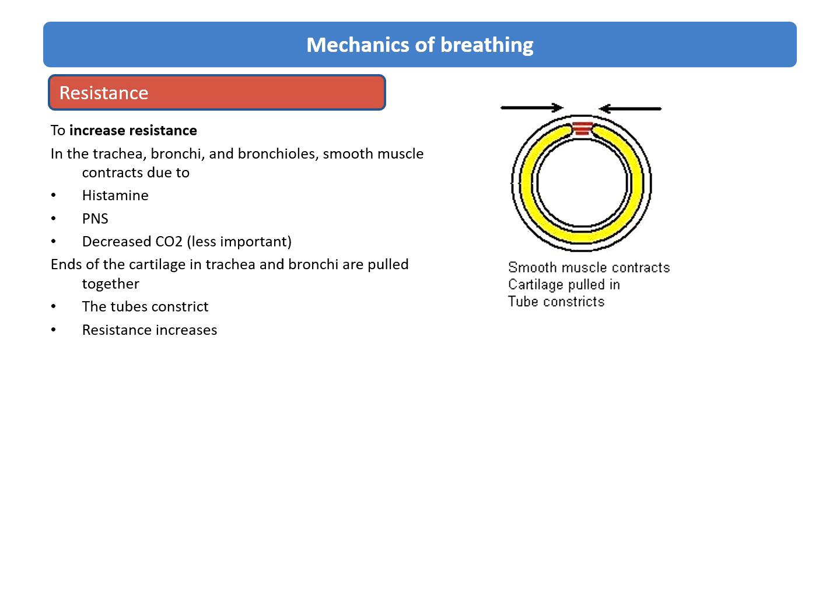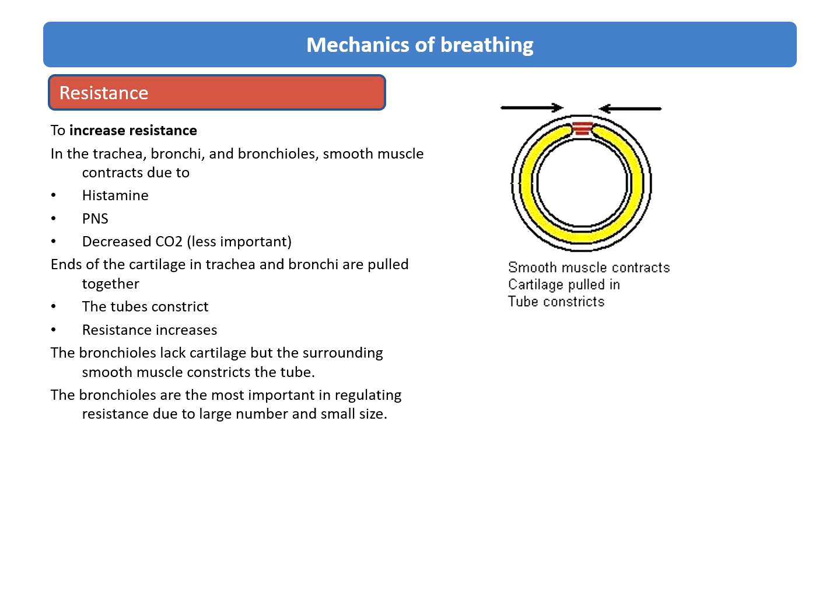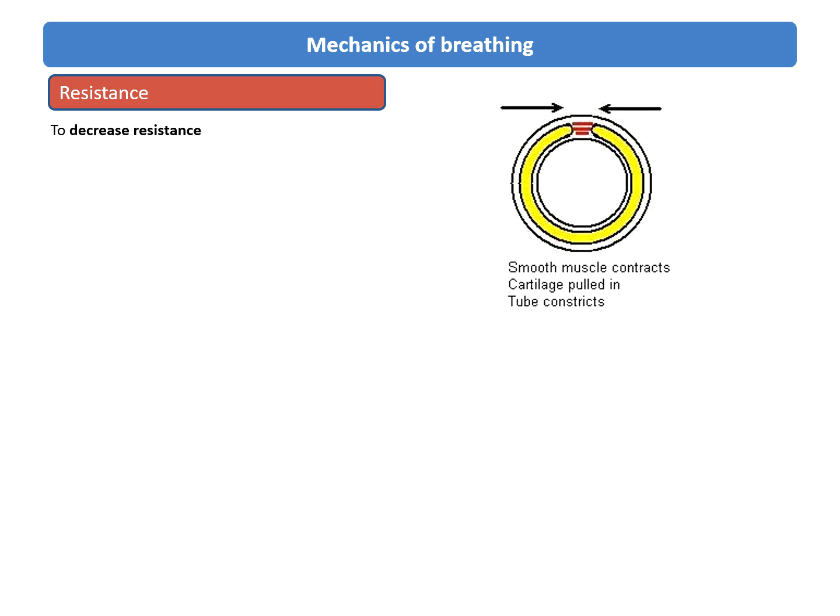The tube constricts, resistance increases. The bronchioles, however, lack cartilage, but the surrounding smooth muscle will constrict the tubes. The bronchioles are the most important in regulating resistance due to the large number and small size.